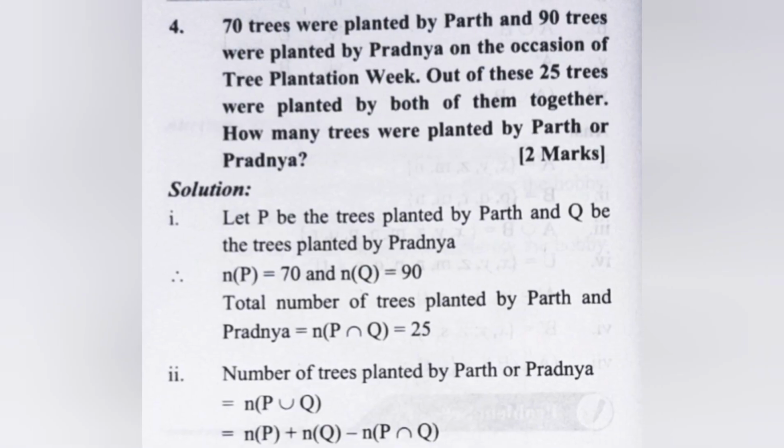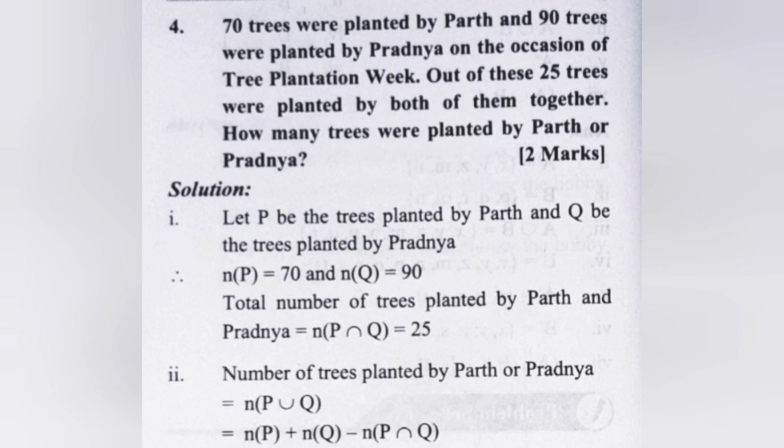Question number 4. 70 trees were planted by Parth and 90 trees were planted by Pradnya on the occasion of Tree Plantation Week. Out of these, 25 trees were planted by both of them together. How many trees were planted by Parth or Pradnya?